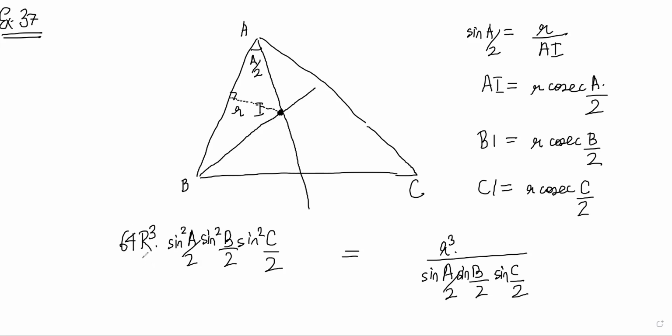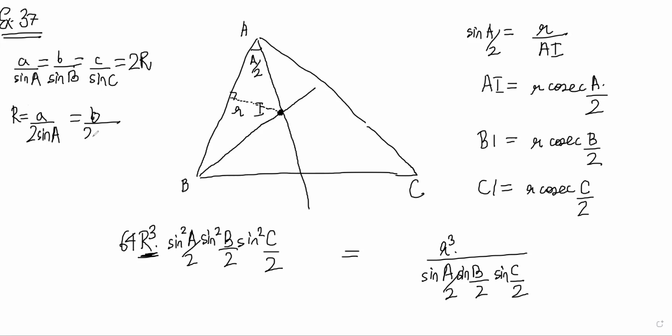Okay, now you have to remove this R cube part, right? You have the sine rule, which is A by sine A is equal to B by sine B is equal to C by sine C is equal to 2R, right? So R can be written as A by 2 sine A, or B by 2 sine B, or C by 2 sine C. Each R you will write one time as this, one time as this, one time as this.